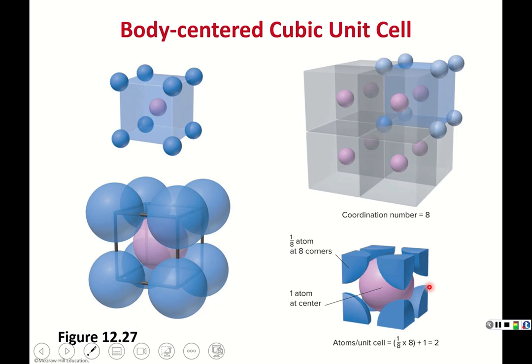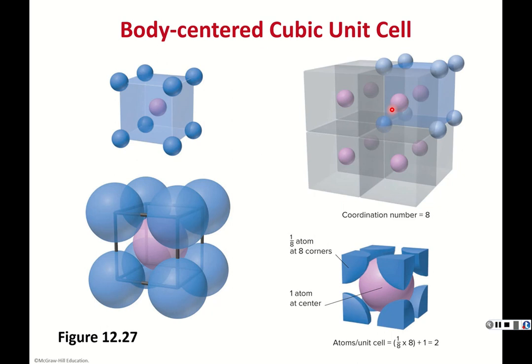The next type is called a body-centered cubic, or BCC, unit cell. It's the same as the simple cubic, except it also has 1 atom in the very center of the cube. Okay, the coordination number for this now becomes 8. Okay, and that's a trickier one to explain.